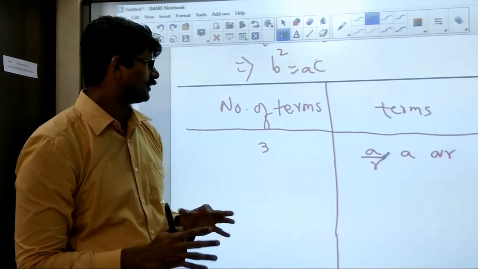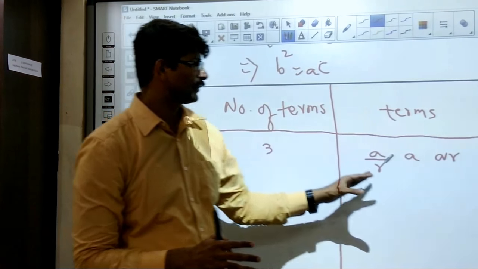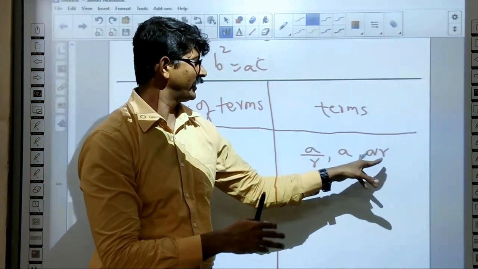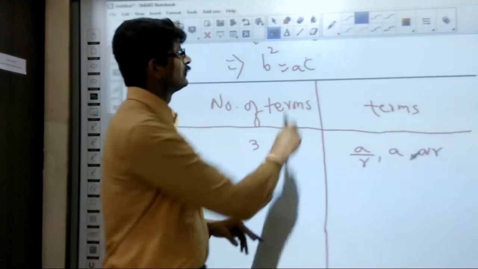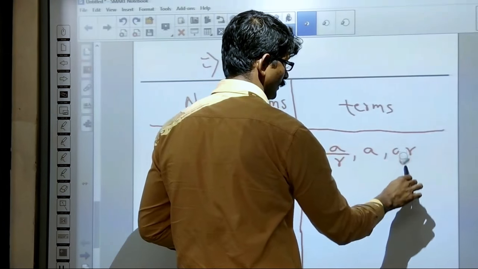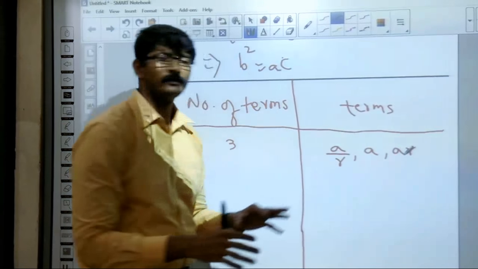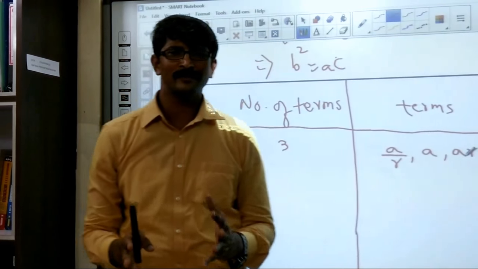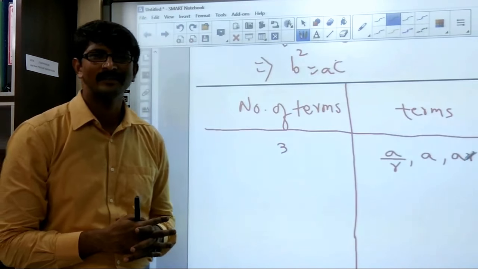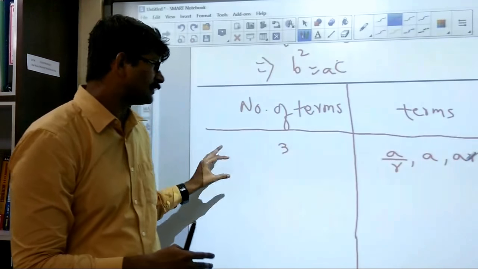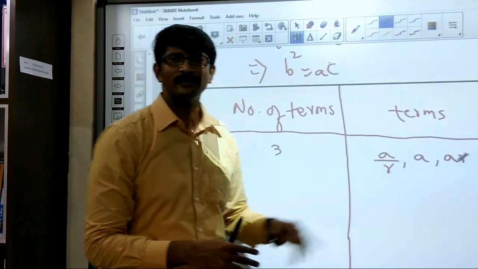I hope students you are understanding. So in case you were to choose your three terms, then choose like this way: A by R, second term should be A, and third term should be AR. Please understand this is AR. How exactly we are choosing the terms, you may have questions, but when I solve some sums based on this, then you'll understand.